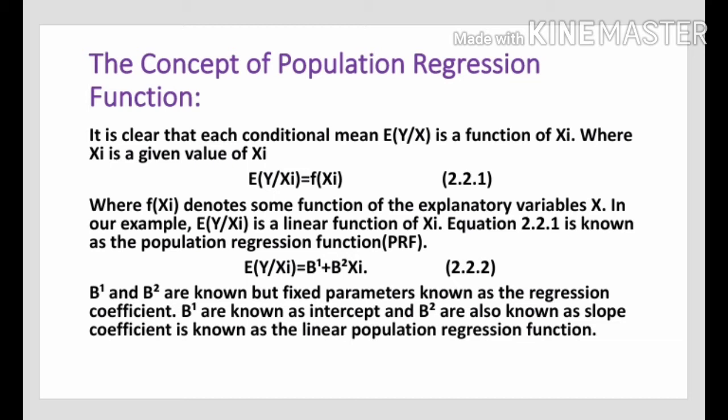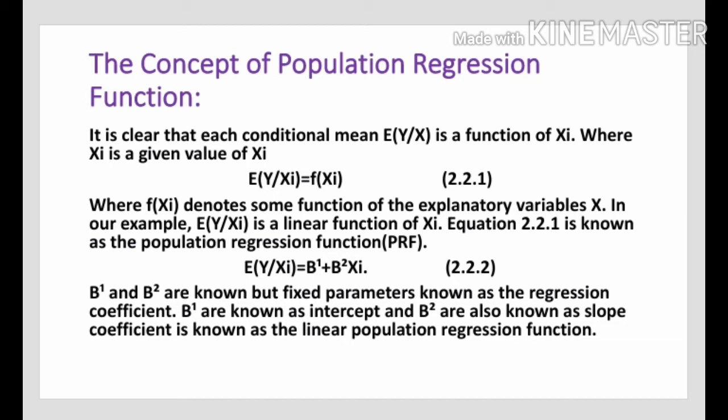It is clear that the conditional mean, expected Y given X, is a function of X, where Xi is a given value of X. This is equation 2.2.1: E(Y|Xi) = f(Xi). f(Xi) denotes some function of the explanatory variable X. It is known as the conditional expectation function or population regression function, in short form PRF.